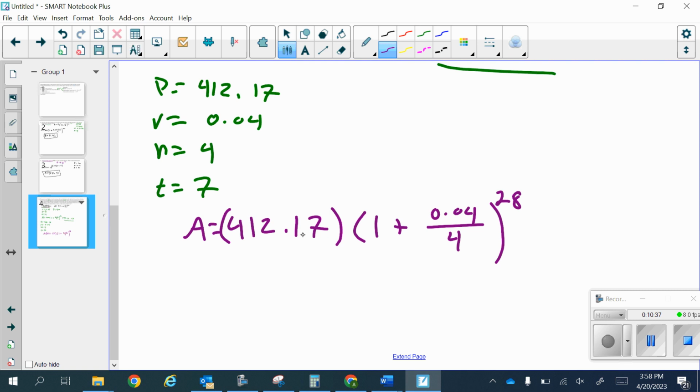So you plug this into a calculator, and what you get is that after 10 years, Teresa has a total of $544.60. So we're done with Teresa.